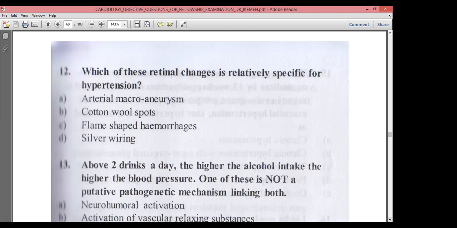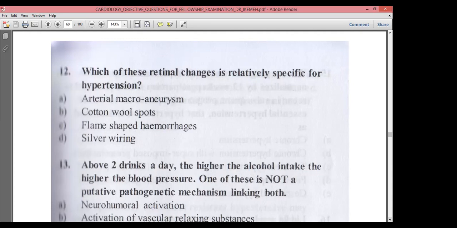I could not find any document in my search that really pointed to any one as being specific for hypertension. So the options here are arterial macroaneurysm, cotton wool spots, flame-shaped hemorrhage, silver wiring.